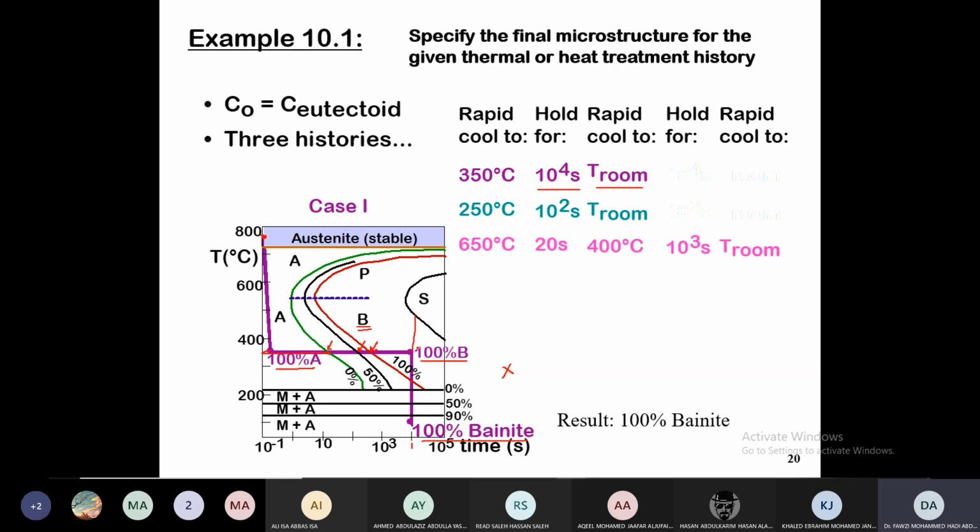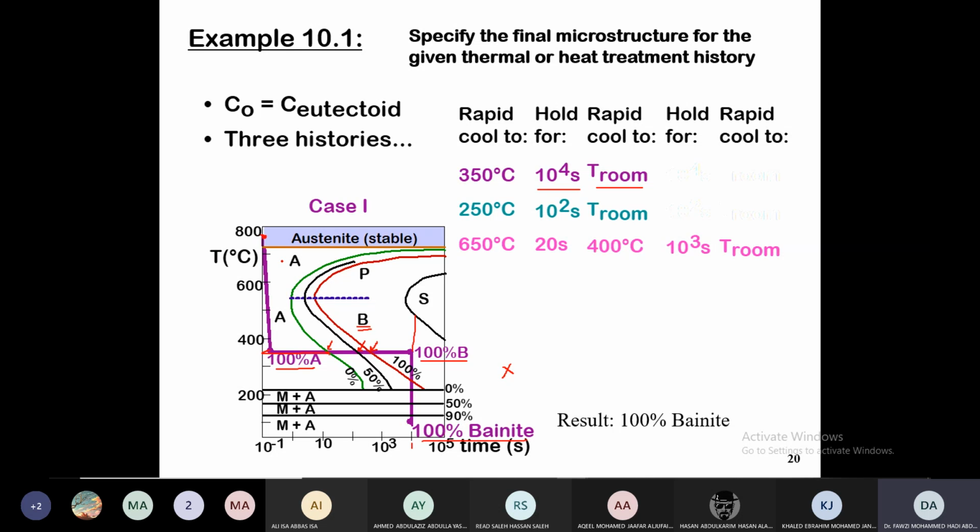We are quenching from the bainite. This will not lead to any martensitic transformation. Martensitic transformation only occurs when you quench from the austenite zone to room temperature, below 215 degrees centigrade, which causes the transformation to BCC crystal structure, causing the carbon atoms to get trapped in the BCC.